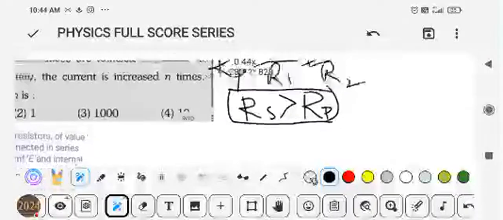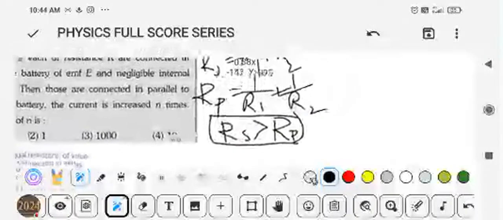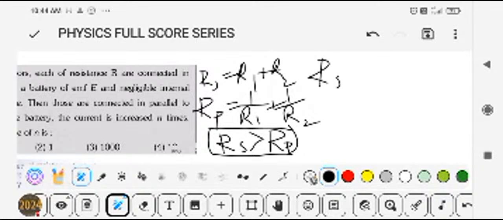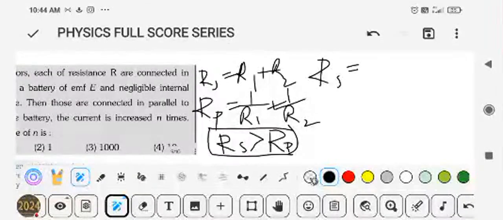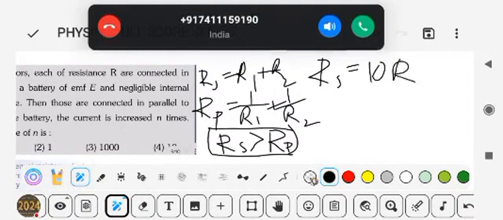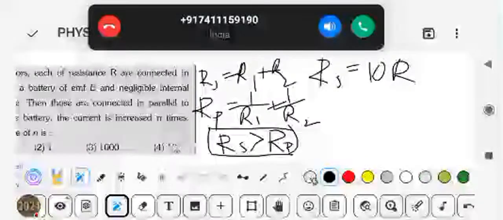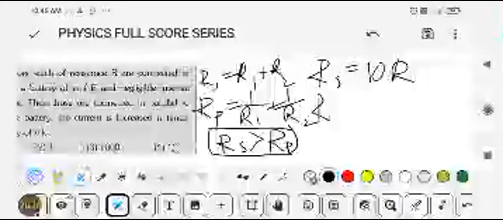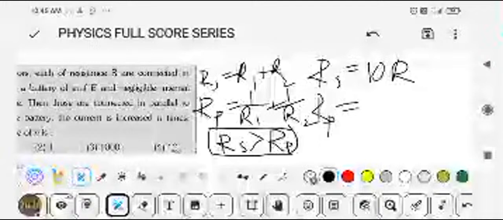In that particular question, there are 10 resistances. So R series is equal to R plus R plus R and so on till the end, so the answer is 10R. The same applies for R parallel: 1 by Rp is equal to 1 by R plus 1 by R plus 1 by R and so on.